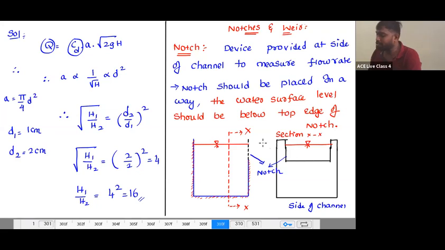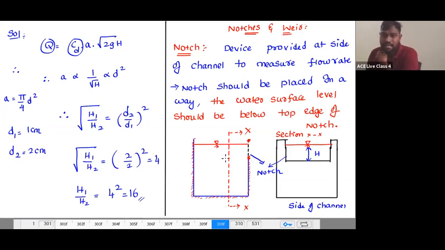So a notch is a device to measure the flow rate. And in this case, the head of water is going to be H. I hope you understood. This is the notch over here. Yes or no?